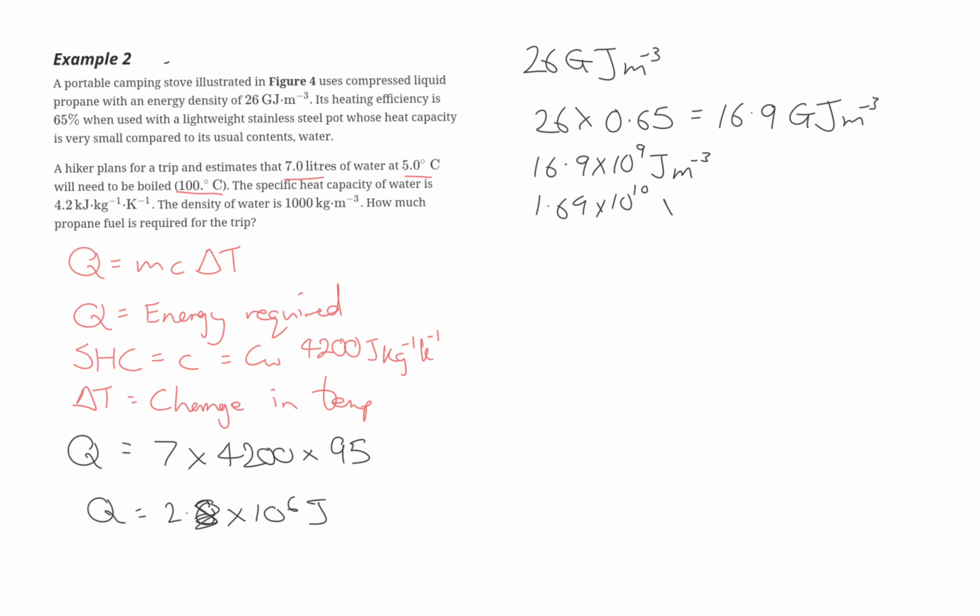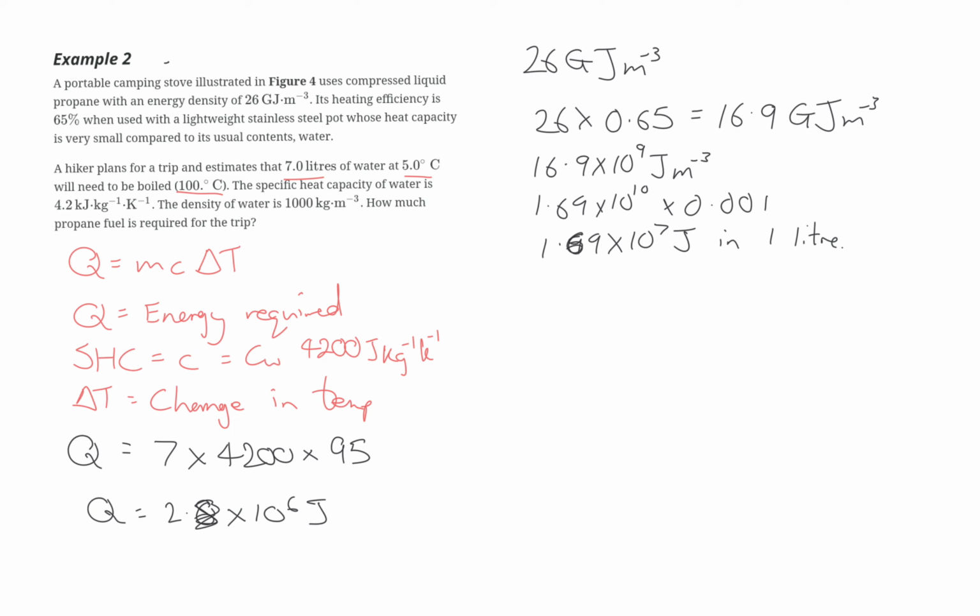If we multiply that by 0.001, because there are 1,000 litres in a cubic meter, then we're going to get 1.69 times 10 to the 7 joules in 1 litre. Sorry, that should be 16.9 there.